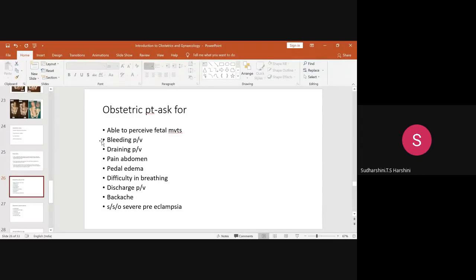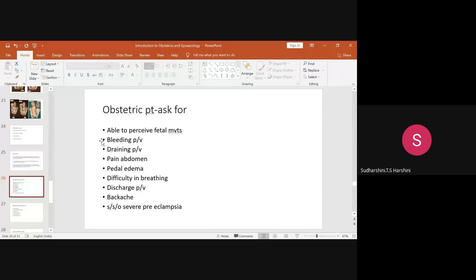For obstetric patients, what all will you ask: whether she's able to perceive fetal movements, whether she's having any bleeding PV, draining PV, pain abdomen, pedal edema, difficulty in breathing, discharge PV, backache, and if she is a case of gestational hypertension, you'll ask for signs and symptoms of severe preeclampsia.